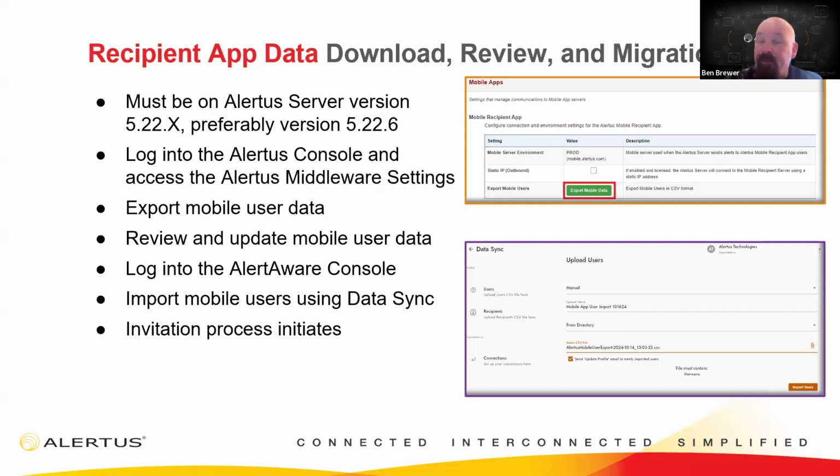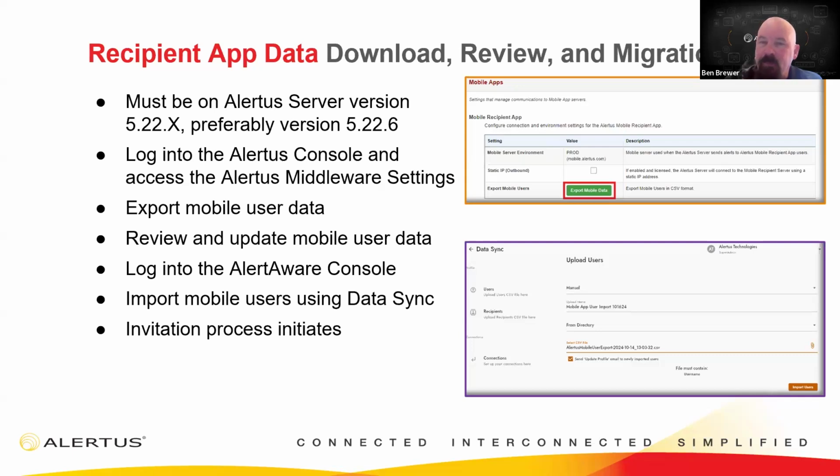And in the event that something errors, which I would not necessarily anticipate unless for some reason there's an email address in your listing that has a special character that was acceptable to Alertus that is not acceptable to AlertAware. I wouldn't anticipate that we will have any import errors, but they could occur.